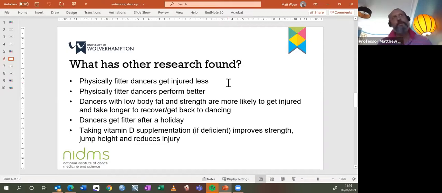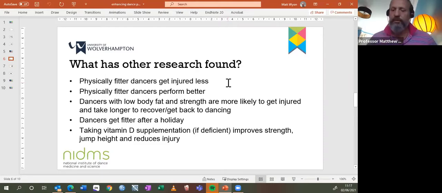Interesting as well, we noted that dancers with really low body fat and strength are more likely to get injured and also take longer to recover. So being ultra skinny is not good for you. So this is another interesting area that we've got to be careful on when we compare dancers with sport people.